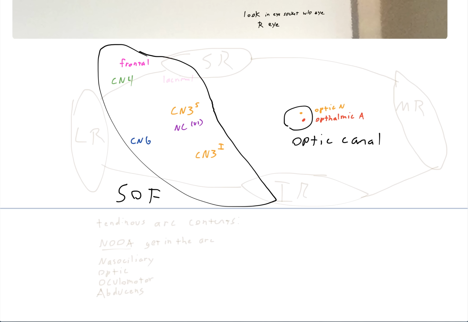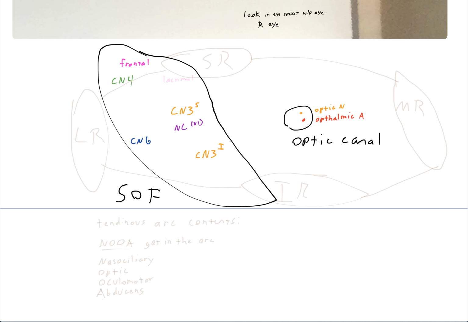Why is this important? Because you're looking in the orbit, and I told you there's no eyeball. So let's take the orbit that you have in the lab instead of the skull. I've taken the eyeball out, but you've still got all your muscles in there. Those muscles are oriented and attached to one another by little tendons inside.